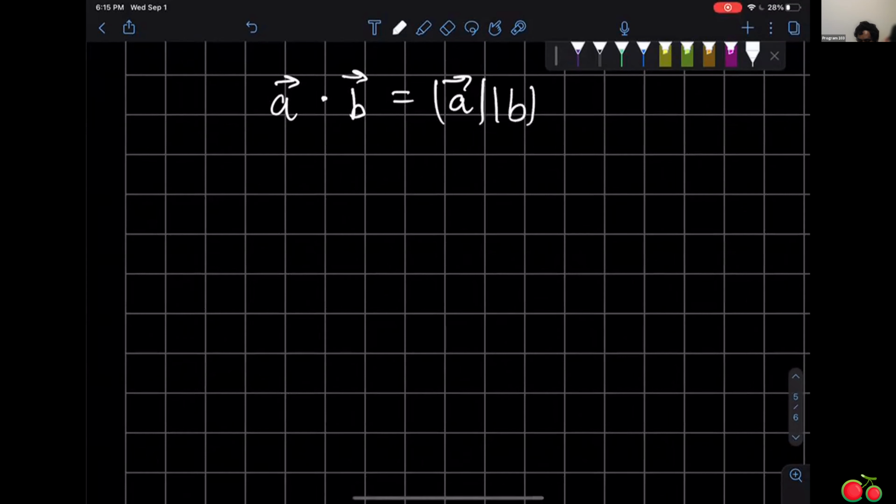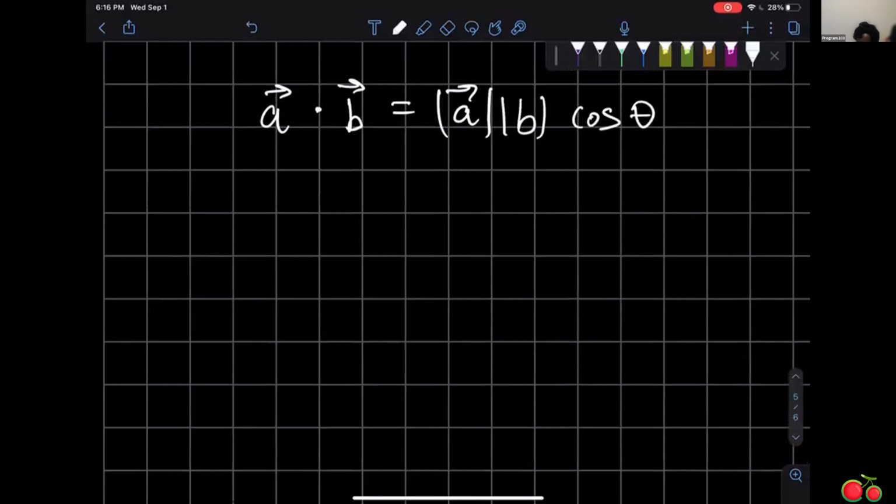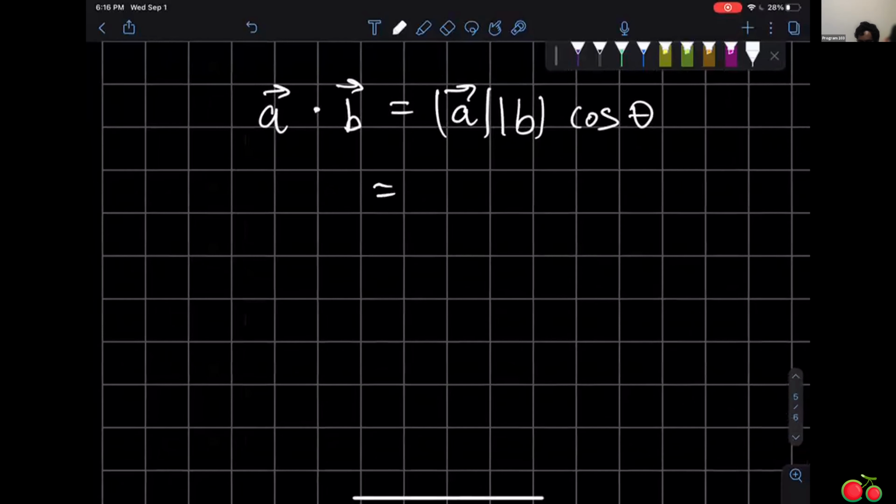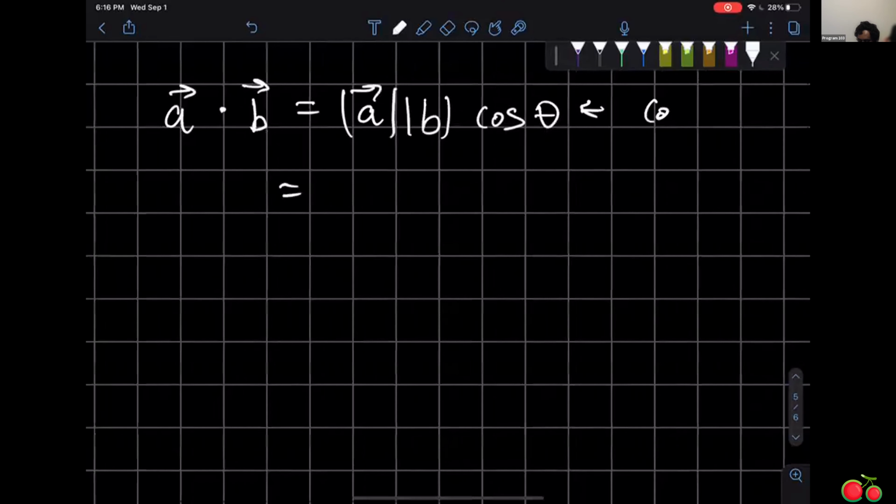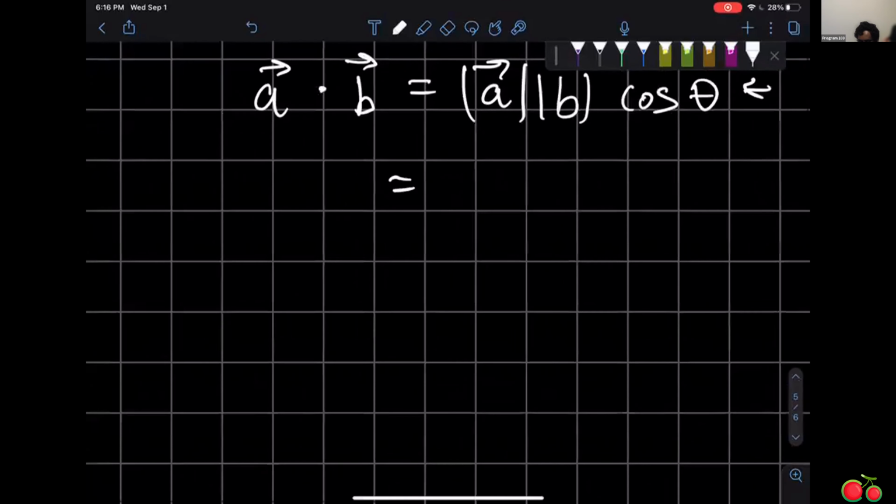A, B. You guys can see my screen, right? Hello? Yes. Okay, I was not sure. Okay, so you have A dot B equal to the magnitudes times cosine theta.